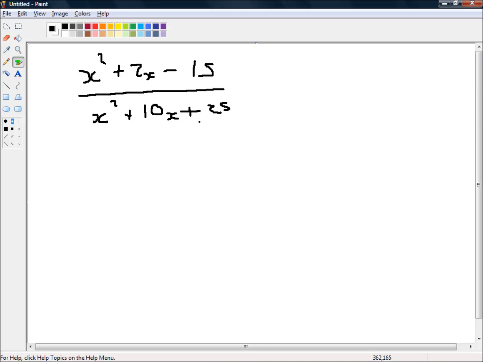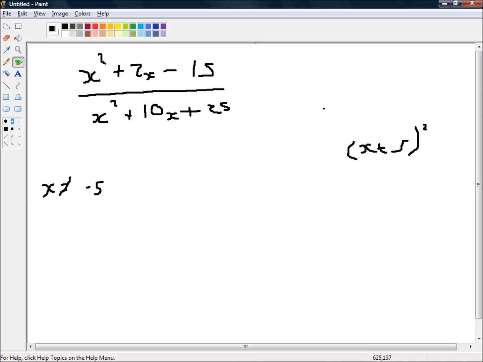Well, that's just 5 times 5 is 25 and 5 plus 5 is 10. So that actually means that this is a perfect square because our factors are x plus 5 into x plus 5. So we've got x plus 5 squared. So x plus 5 squared is going to be 0 when x is negative 5. So we need to stipulate that x is not equal to negative 5.